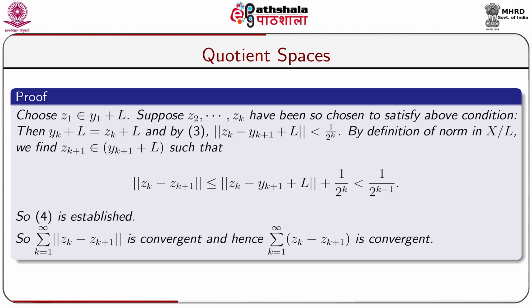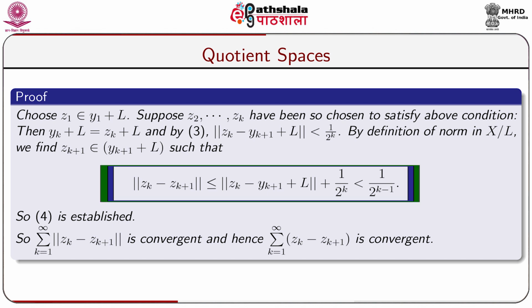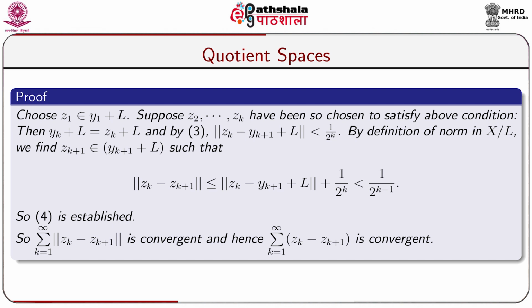By definition of the norm in X by L, we can find zk+1 belonging to yk+1 + L such that the norm of zk − zk+1 is less or equal to the norm of zk − (yk+1 + L) plus 1 by 2 to the power k. This follows from the infimum property of the norm in X by L.